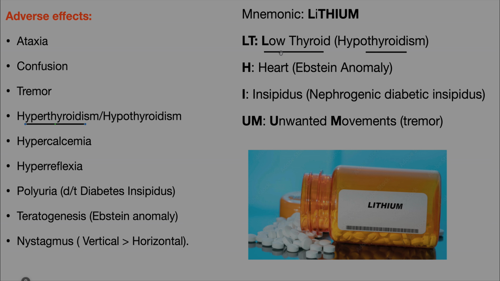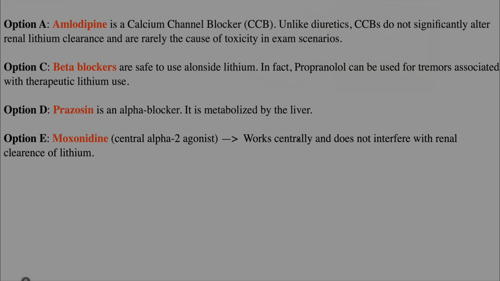H is for heart, specifically Ebstein anomaly. I is for insipidus, nephrogenic diabetes insipidus. And U in lithium stands for unwanted movements or tremor.